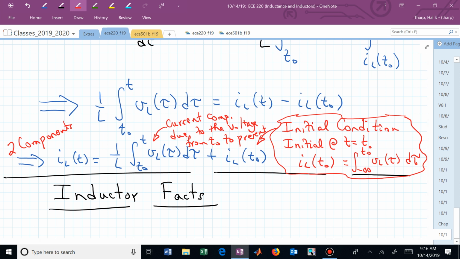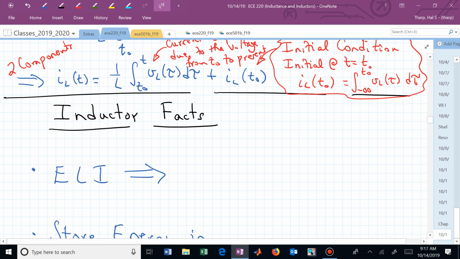If the initial current flowing is 0, you wouldn't have that initial condition term. But if there is current flowing, then you have to say, okay, what was it initially? And then let me add to that this second part of the current flowing through this inductor, that is determined by the way the voltage has varied. We'll integrate that from t0 up to the present time t.